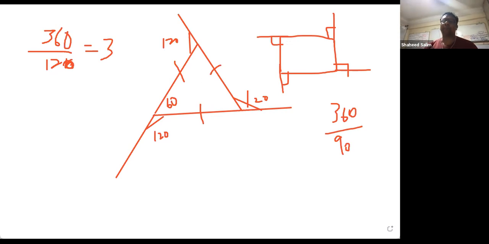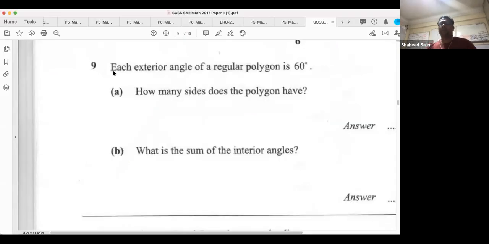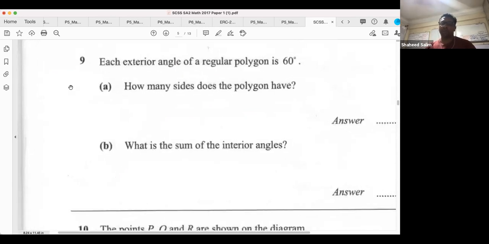Okay, you try that first. Take 360, divide by the exterior angle, you get the number of sides. So what's the number of sides? You must be able to do this. Shafi can get, Ryan can get, Inshira can get, just take 360 divided by this.